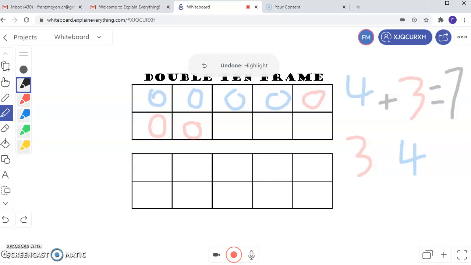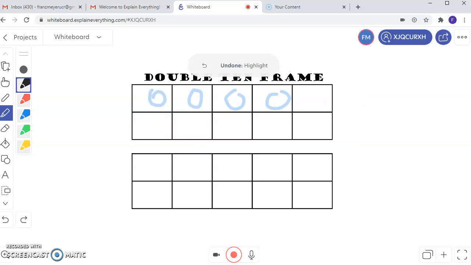Now, one thing I also want us to look at with our 10 frame is let's try a little bit of subtraction, okay? So let's add back our 3 red dots and let's count. How many did we have total? We have 1, 2, 3, 4, 5, 6, 7, right?